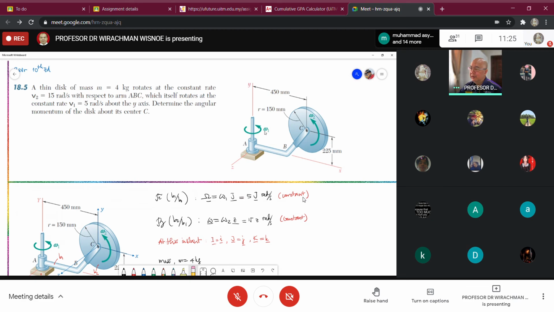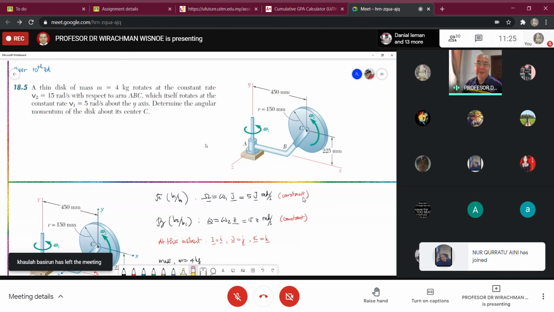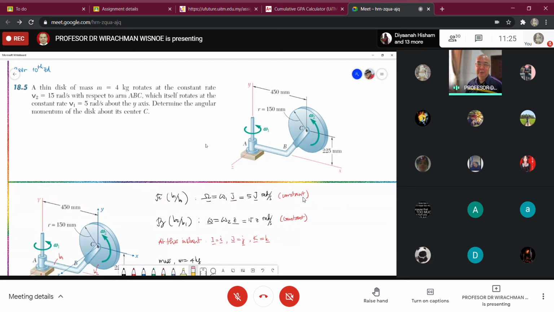You answer quickly. What is the direction of omega 1? Give me i, j, k. In 3D there is no more clockwise and counterclockwise, because it depends where you put your eyes.